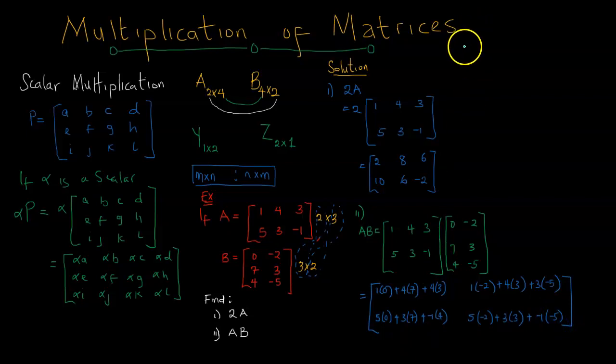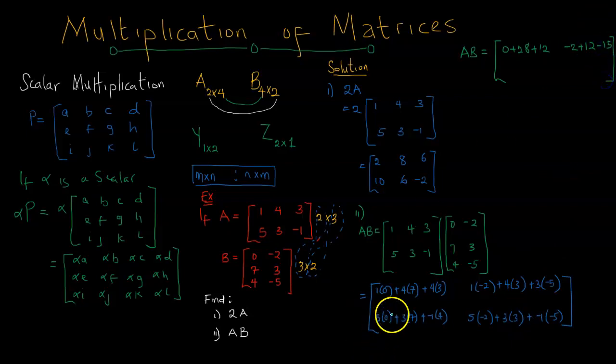Therefore, we would have AB is going to be 1 times 0 is 0. 4 times 7 is 28. 3 times 4 is 12. Then we'll move to the next one. 1 times negative 2 is a negative 2. 4 times 3 is 12. 3 times negative 5 is negative 15.